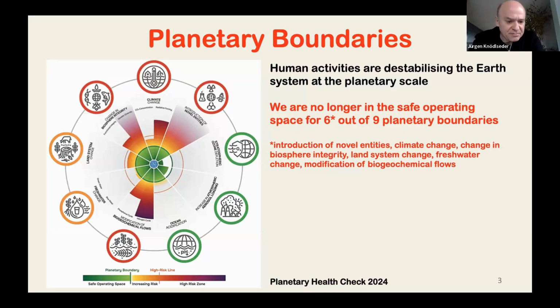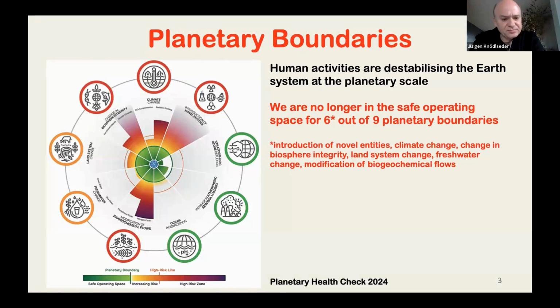Then geochemical flows: nitrogen and phosphorus flowing in the ocean and creating dead zones. Or the use of the land system, basically deforestation. We use much too much land for feeding animals, for example, and also freshwater change. You all know we have increasing stress on the freshwater supply. So these are all issues of concern.